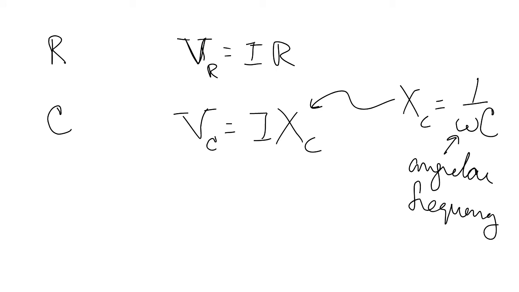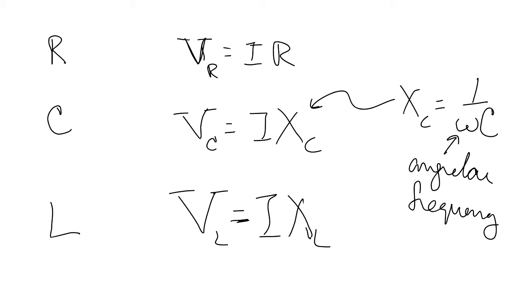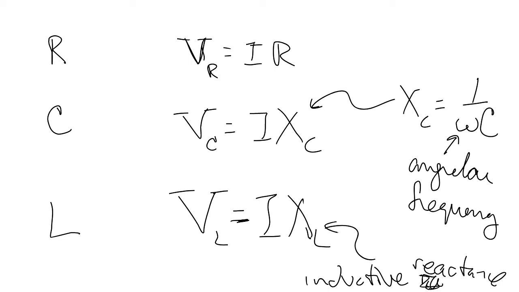And that for an inductor, the voltage across the inductor is equal to I times X sub L, where this is the inductive reactance. And X sub L is equal to omega times L. All right, so those are the recap of that part.